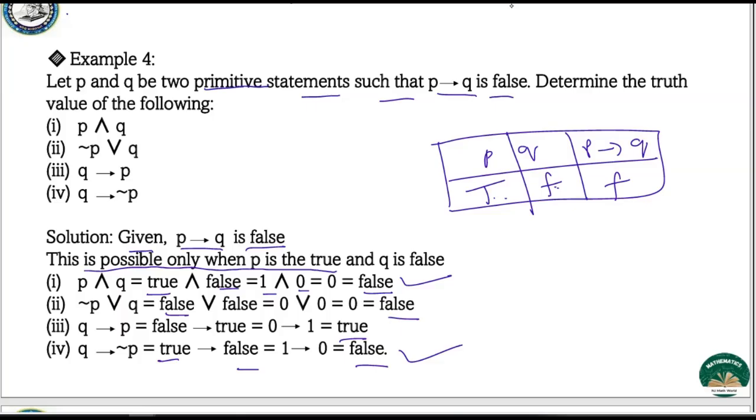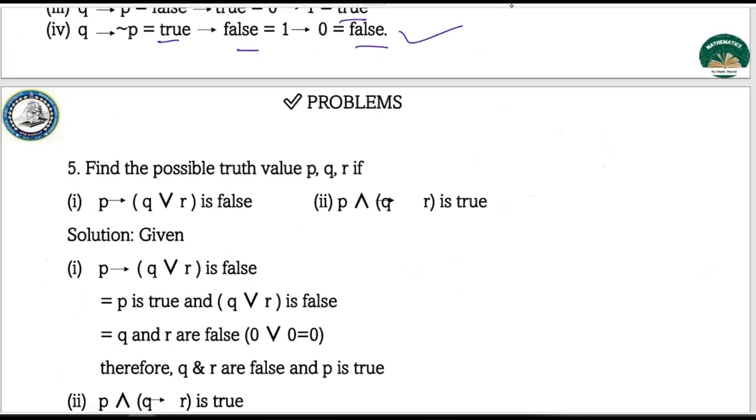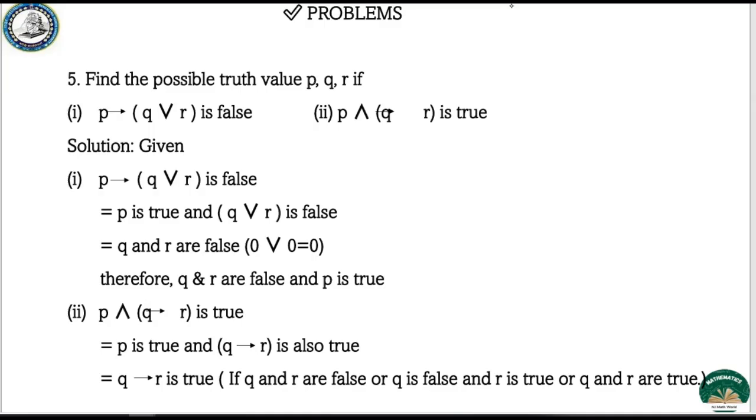So moving on with the next one, we have: find the possible values of P, Q, and R if P implies Q or R is false. So if you take P is true, Q or R is false.